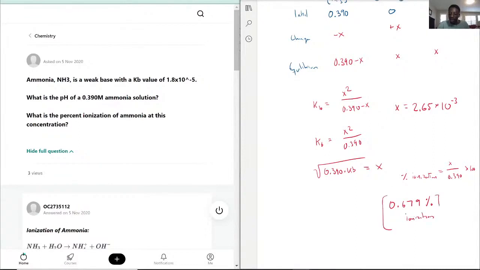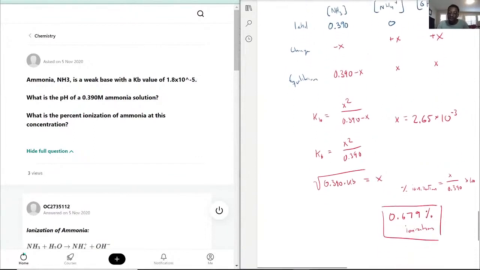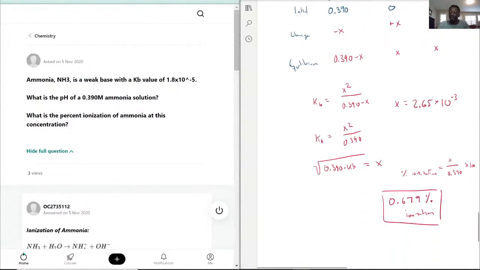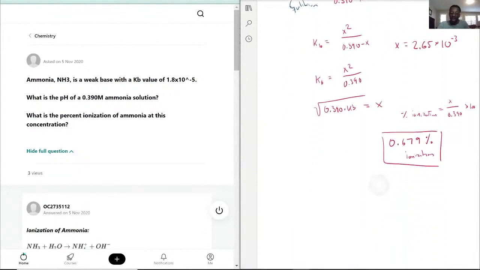And now that we've done that, let's use the rest of the question to actually find out what our pH is. So the way pH will be found, we actually first find our pOH, because what we've done here is find the concentration of OH minus. This will not give us our pH, but instead it will give us our pOH. But it's still the same formula: pOH is equal to negative log of hydroxide.